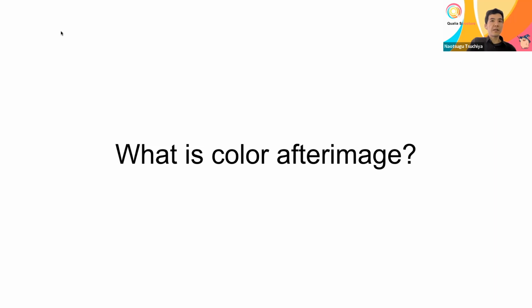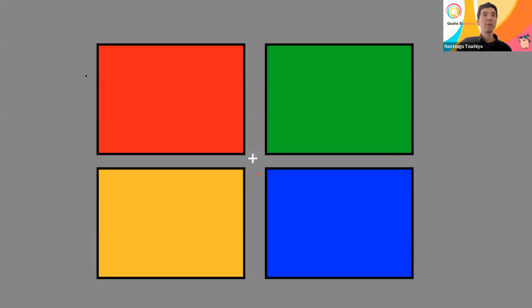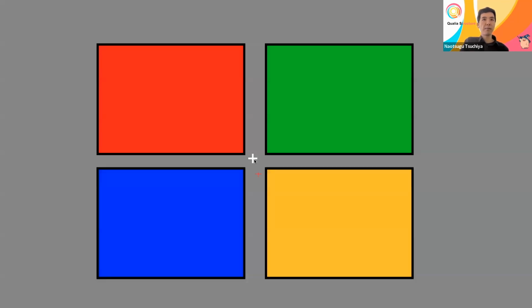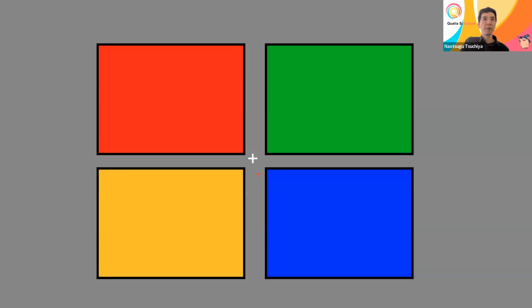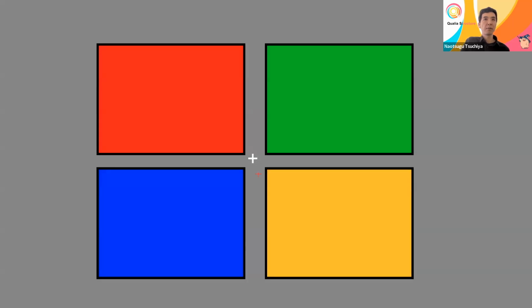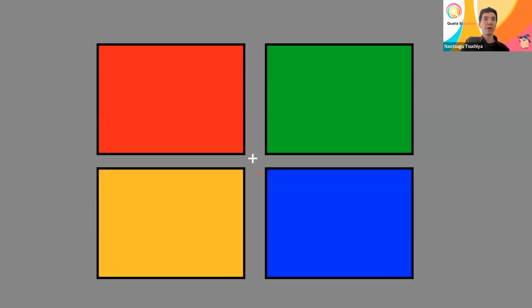So this involves a demonstration. Please try to fixate at the center, somewhere around here, okay? And then don't move your eyes. Just look at this for a while, and then this. Don't move your eyes, okay?